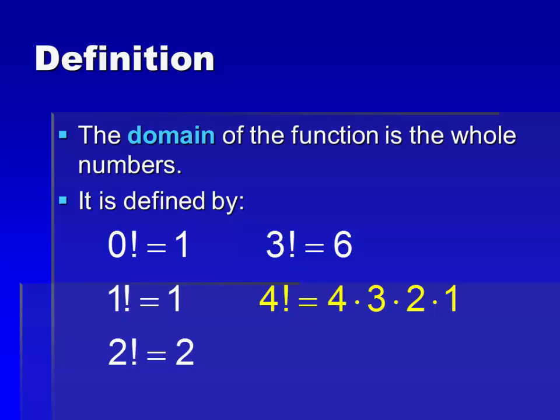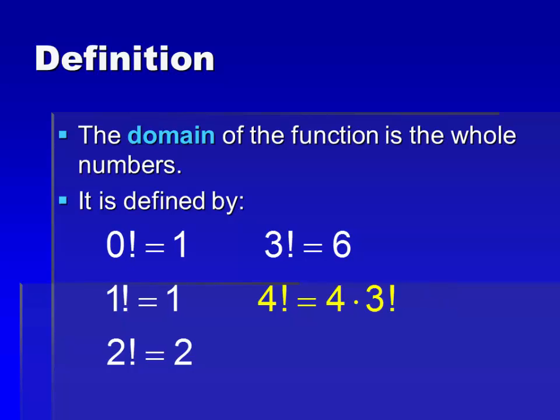Well, again, remember, the 3 times 2 times 1, that's 3 factorial. So 4 factorial is really 4 times 3 factorial. Notice this is what I meant when I said that to know 4 factorial, I have to know 3 factorial. That gives me 4 times 6 gives me 24, so 4 factorial is 24.